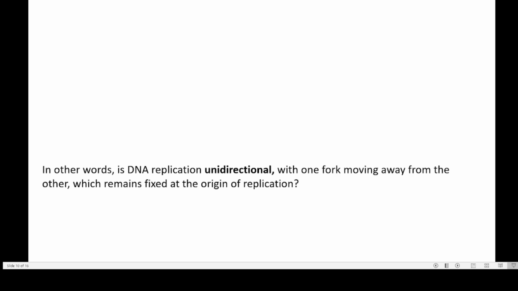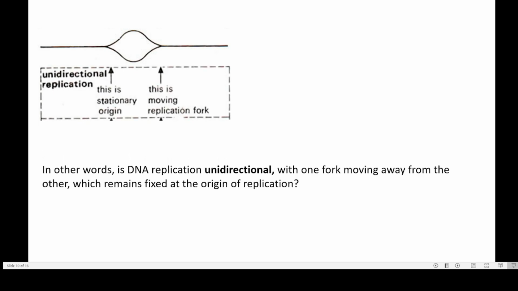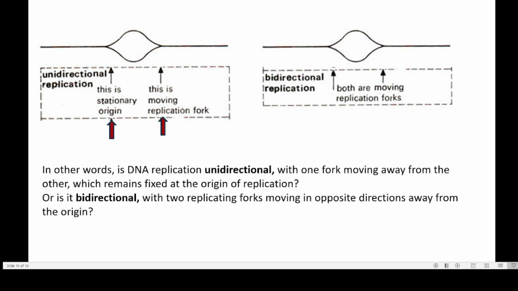In other words, is DNA replication unidirectional, with one fork moving away from the other which remains fixed at the origin of replication? Or is it bidirectional, with two replicating forks moving in opposite directions away from the origin?